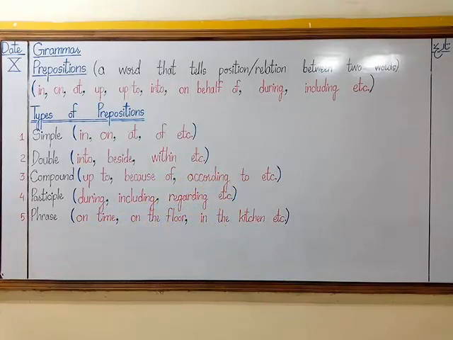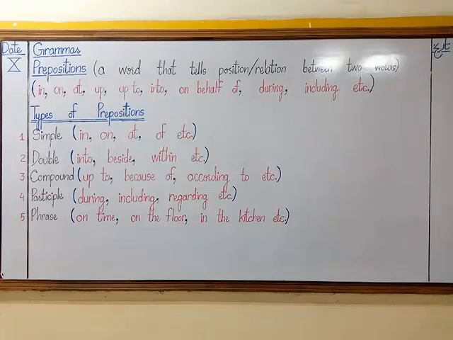The fourth type of preposition is the participle preposition. Any preposition ending in ing is called a participle preposition. So during, including and regarding, all three are participle prepositions. When they work as prepositions in a sentence, they are called participle prepositions. For example, some students made noise during the class.